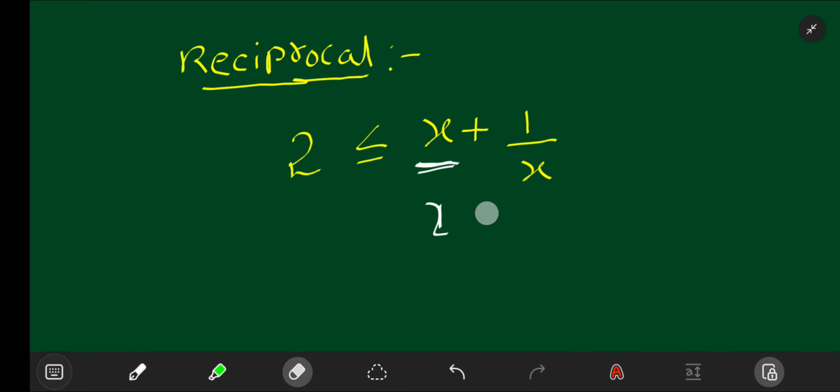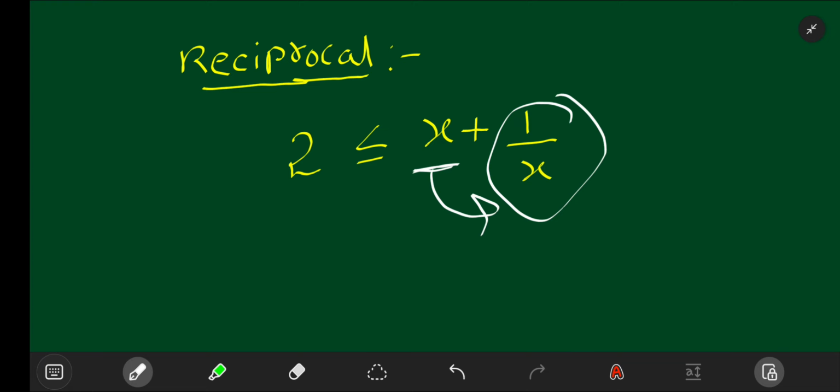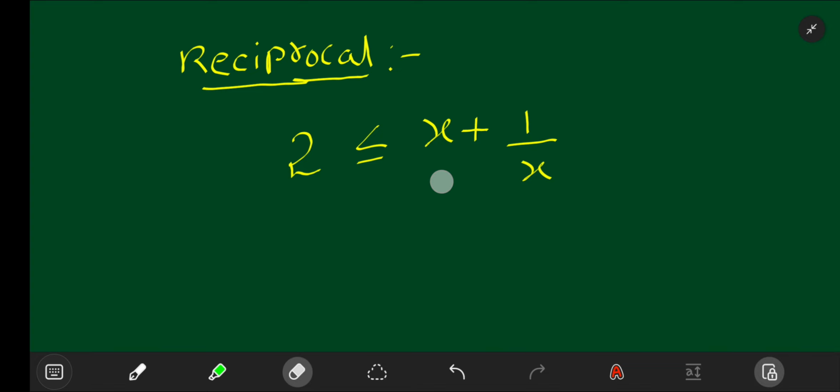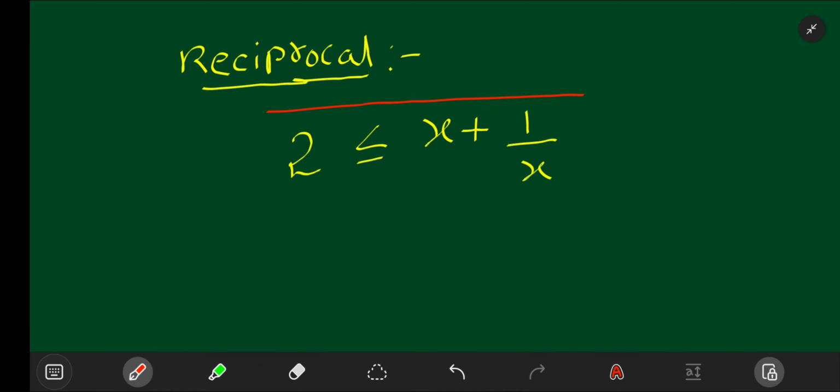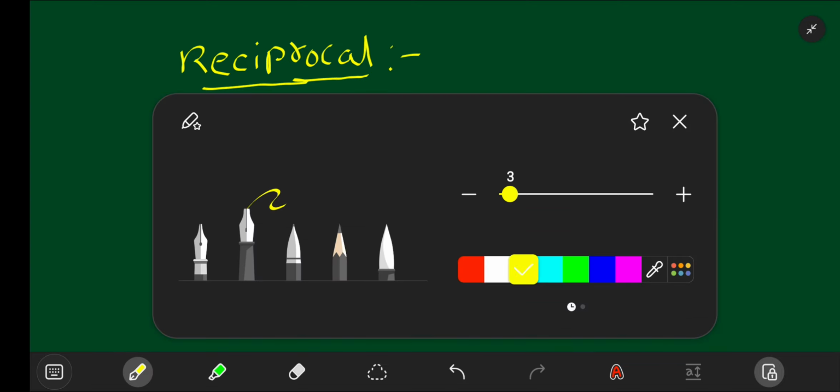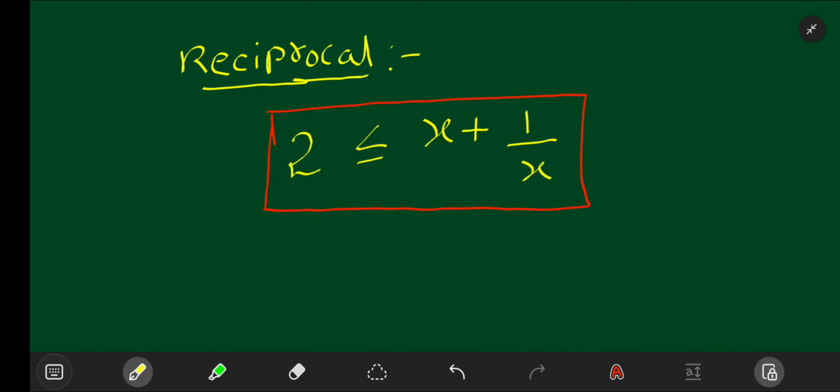So the minimum value of x plus its reciprocal, where x is the direct value and 1 by x is the reciprocal, is 2. Okay, you have to remember this. Very important, most of the questions are asked from here.